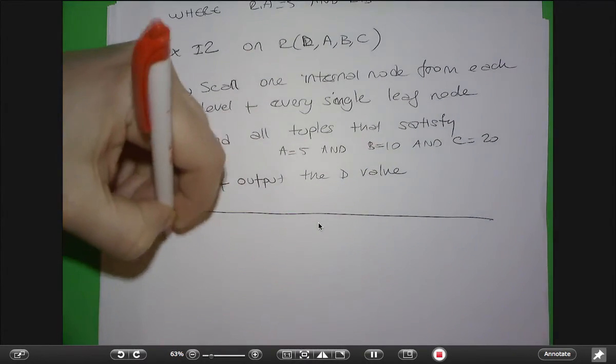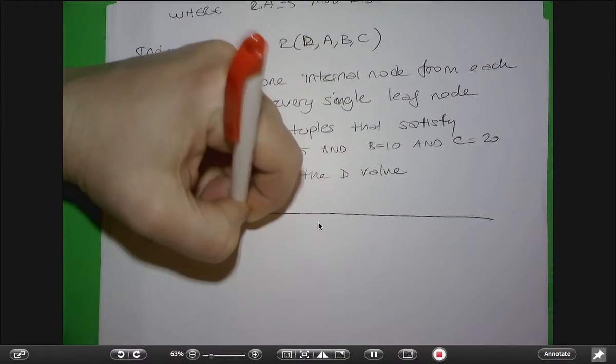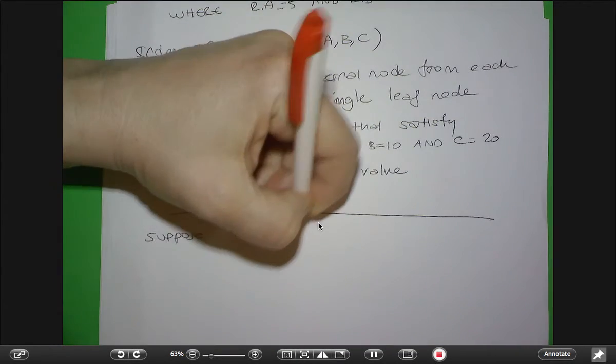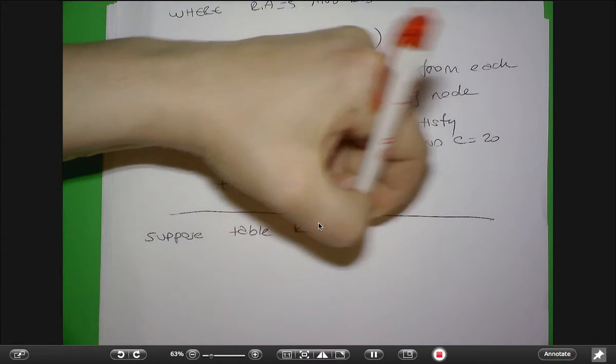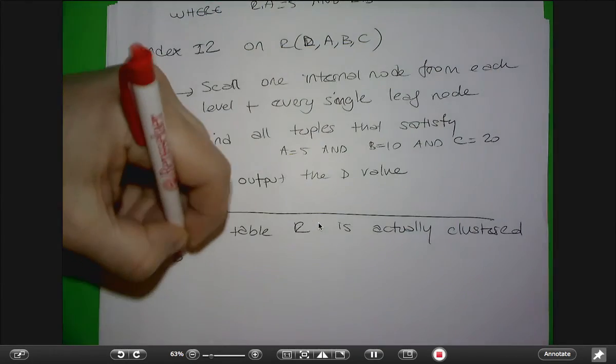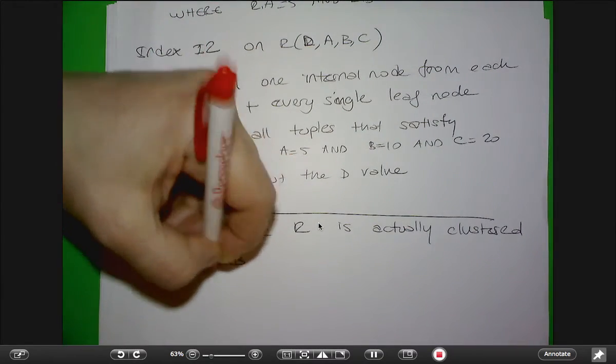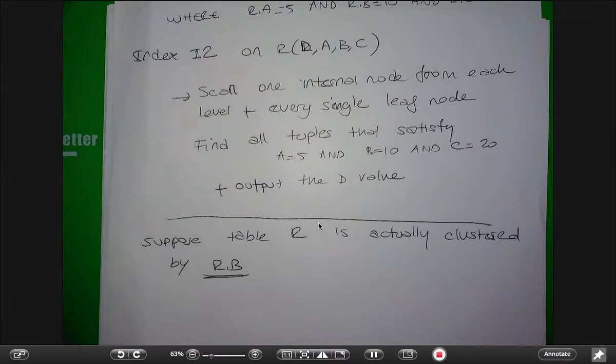Suppose table R is actually clustered by R.B. What that means is that I have a B-tree index, and for a given B value, all the tuples for that B value are stored clustered on a few data pages.